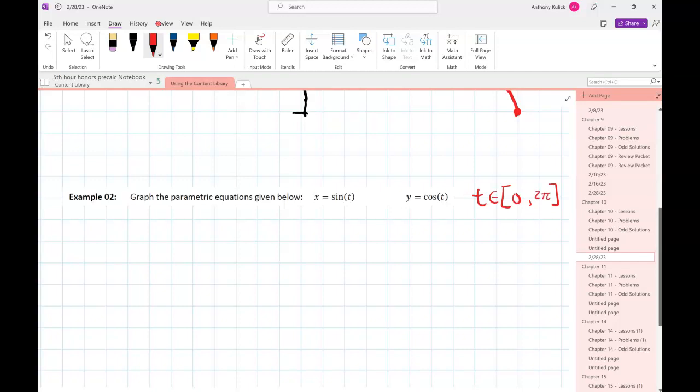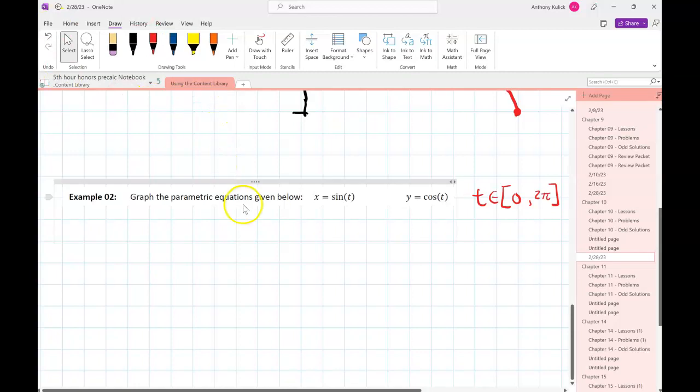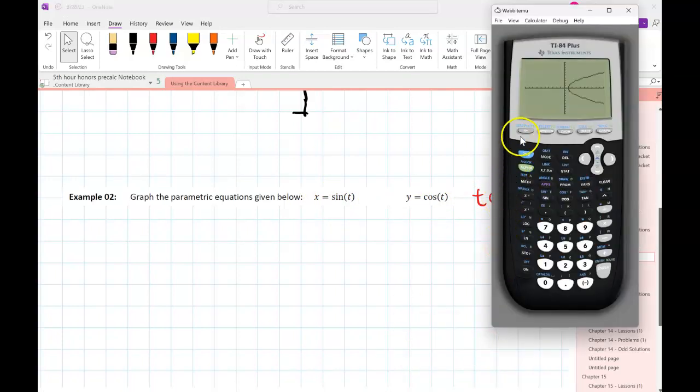Now, our x-coordinate is going to be sine, and our y-coordinate is going to be cosine. Anybody know what this picture is going to look like? What's that? It is going to be a circle. How did you know that? You guessed. Okay. Go back and think about first semester.